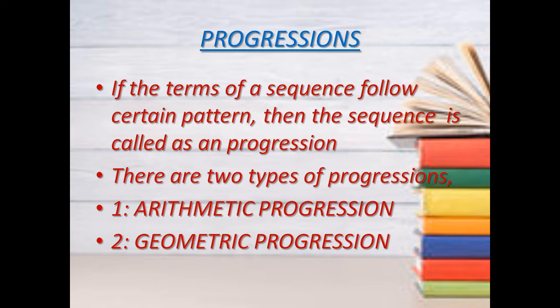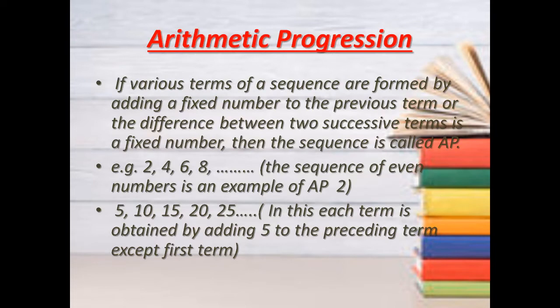There are two types of progression. First type is an arithmetic progression and second is a geometric progression. Now let us understand what an arithmetic progression is. If various terms of a sequence are formed by adding a fixed number to the previous term, or the difference between two successive terms is a fixed number, then the sequence is called an AP.